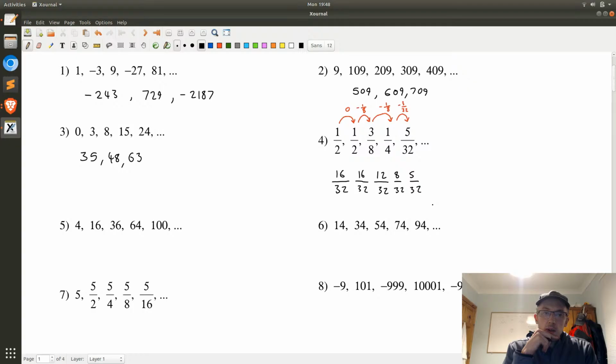Still not sure what's going on in this sequence. How unusual is this? How about multiplication? Times by 1. Times by what to get that? 16/32 times by something equals 12/32.